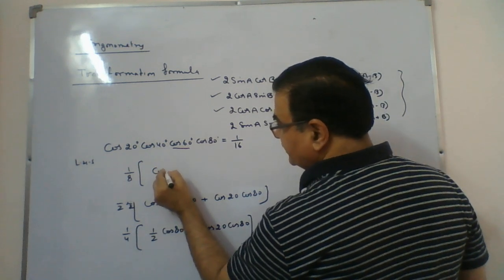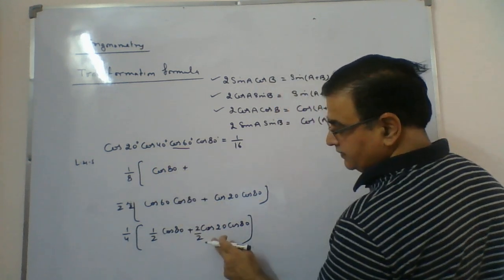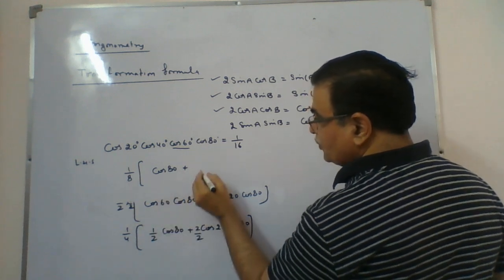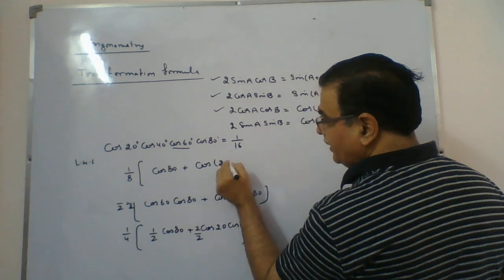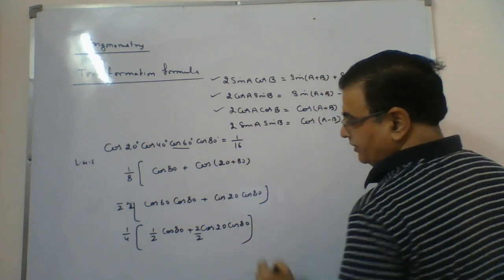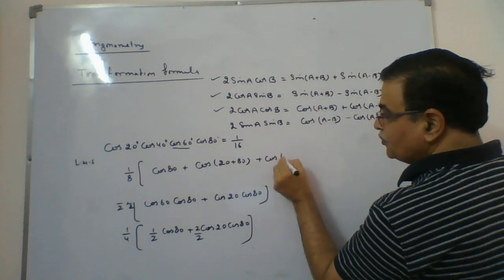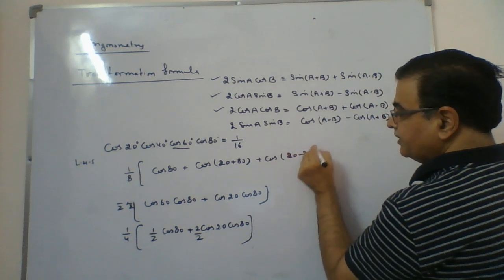Cos 80 plus, half is gone out, so left is 2 cos A cos B. Formula is cos A plus B, so 20 plus 80. Then plus cos of 20 minus 80.